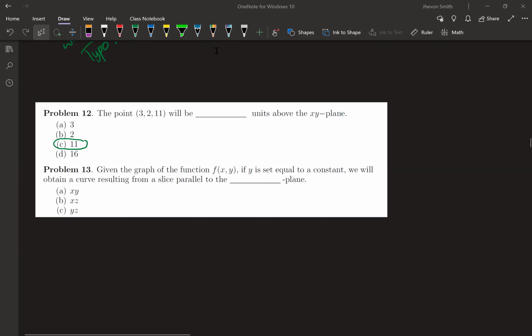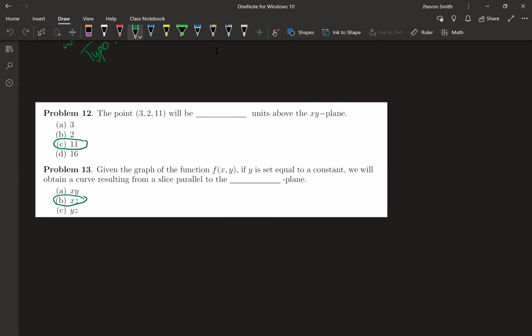Okay, there, 90% believe that it's B, 10% believe that it is C. It is B. Set y equal to a constant, which means the equation becomes an equation of x and z, which would be projected in the xz plane.